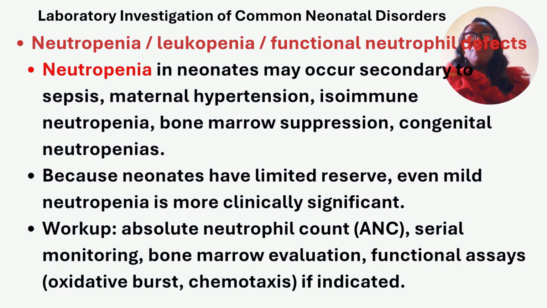Because neonates have limited reserve, even mild neutropenia is more clinically significant. Laboratory workup includes absolute neutrophil count, serial monitoring, bone marrow evaluation, and functional assays that test oxidative burst and chemotaxis if indicated.